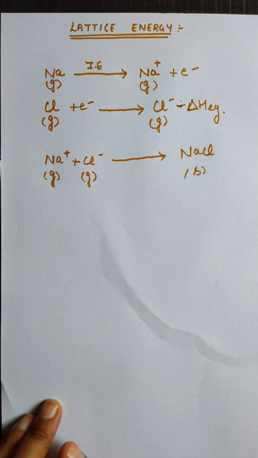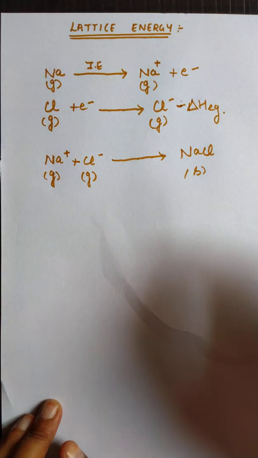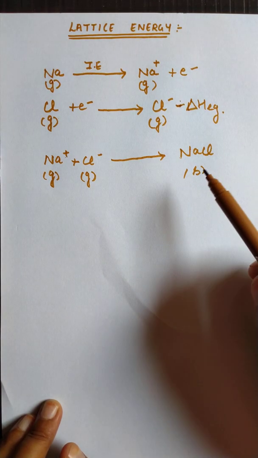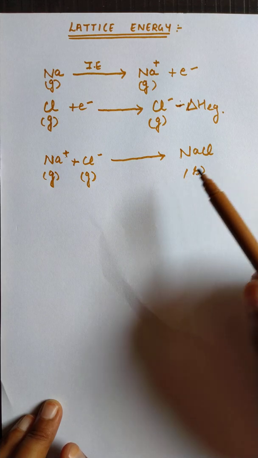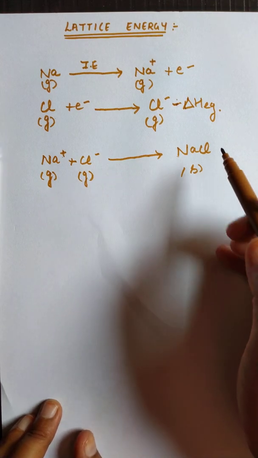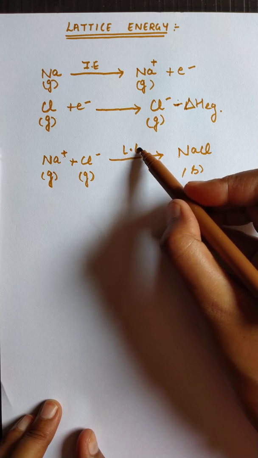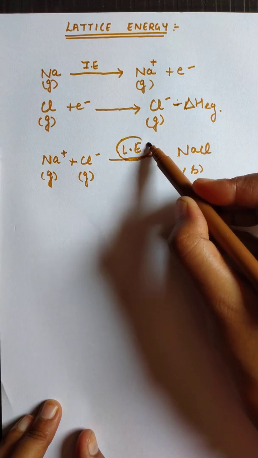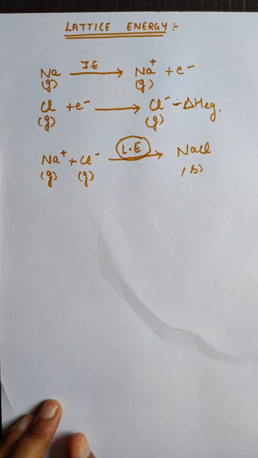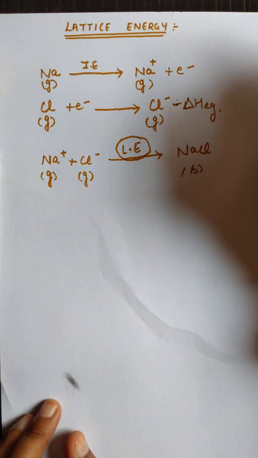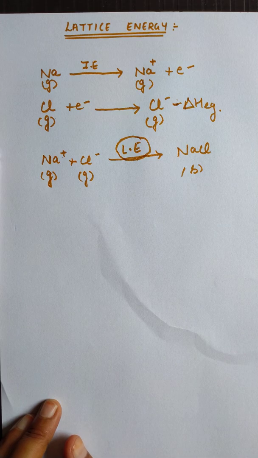So you can see that from the gaseous ions, the solid crystal of salt is formed. During this process, a large amount of energy is released, and this energy is called lattice energy. So this is all about the lattice energy.